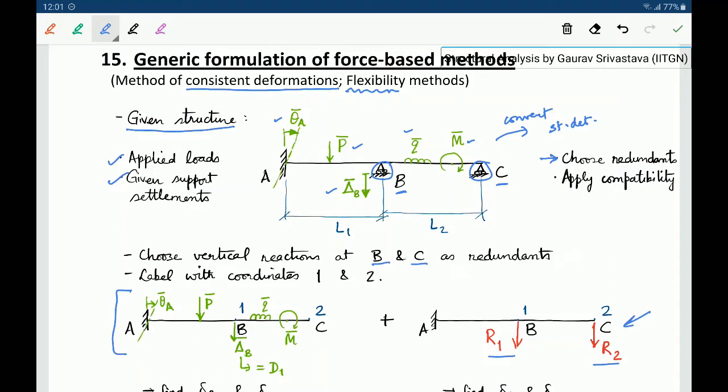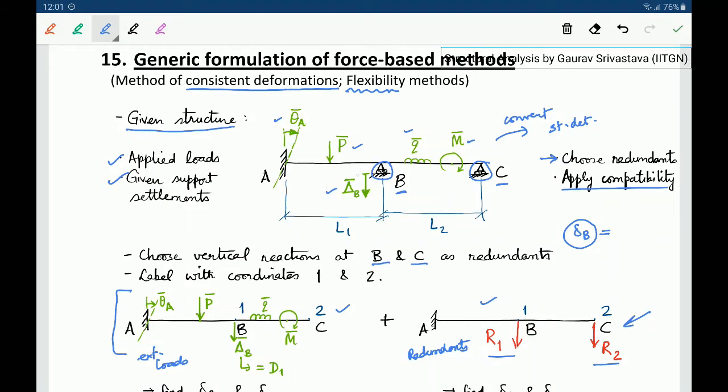Then we apply compatibility. We try to find the vertical displacement at B from this determinate structure with externally applied loads. These are the external loads, and on the right hand side, these are the redundants. We calculate delta B from both of these, and we set it equal to 0 in general.